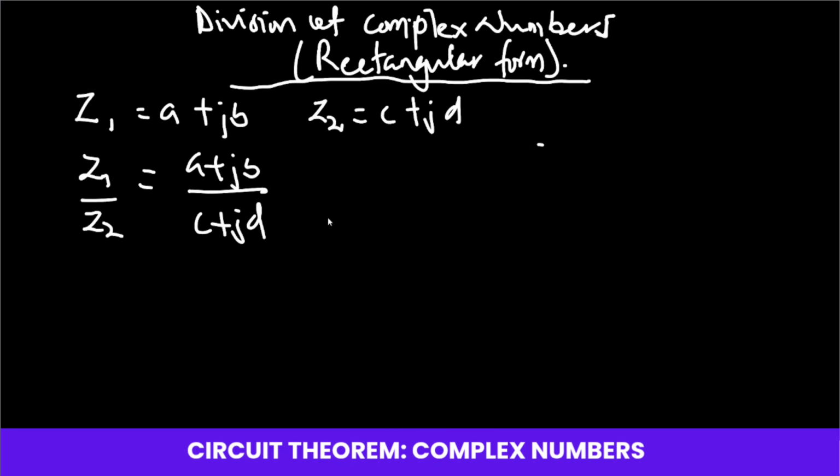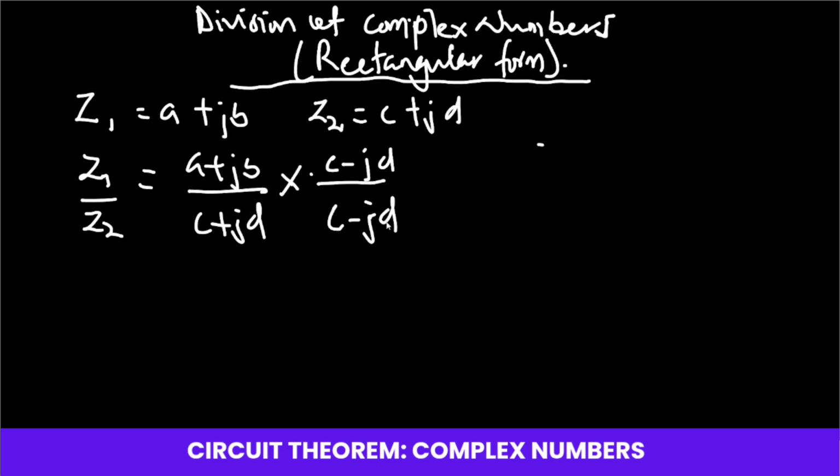Now we are going to multiply the numerator by c minus jd and the denominator by c minus jd. To rationalize the denominator, we don't want any complex number at the denominator.